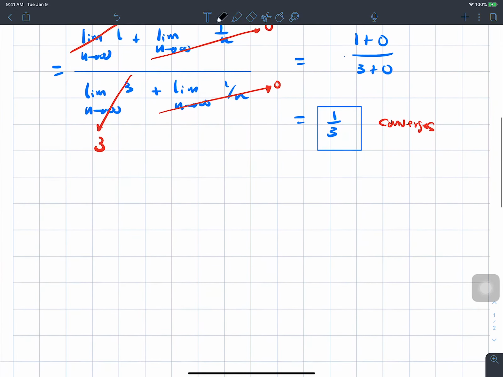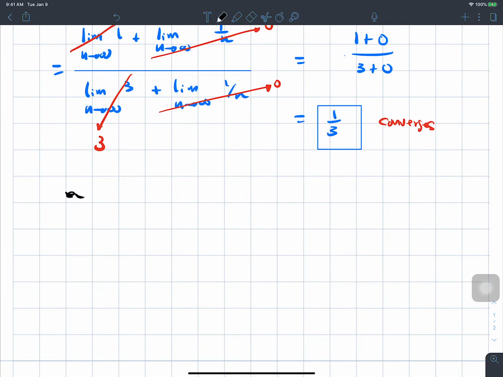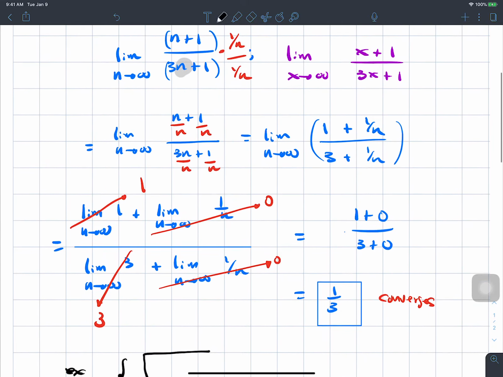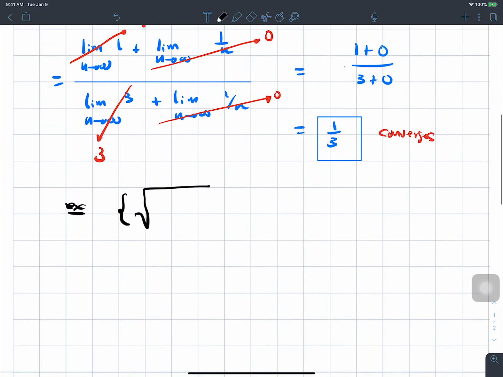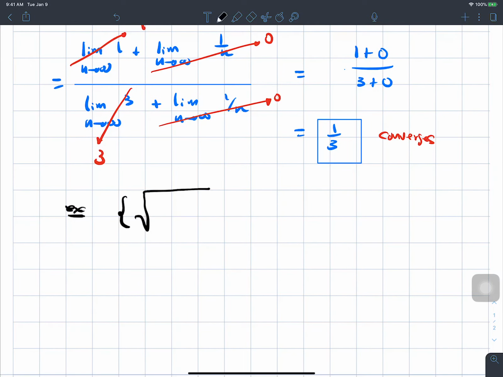Now I'm going to build on this idea. What if they gave us a sequence that looks like this: the square root of (n plus 1) over (3n plus 1)? And they want us to determine convergence or divergence.